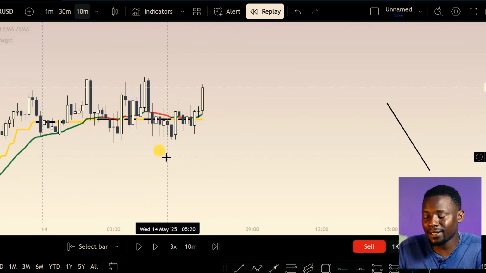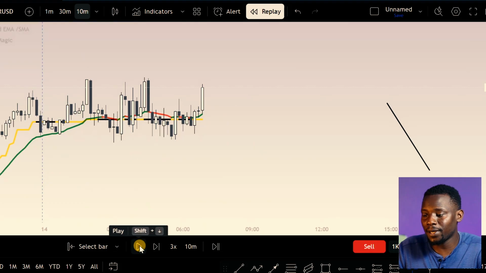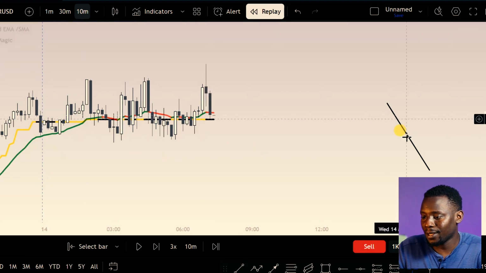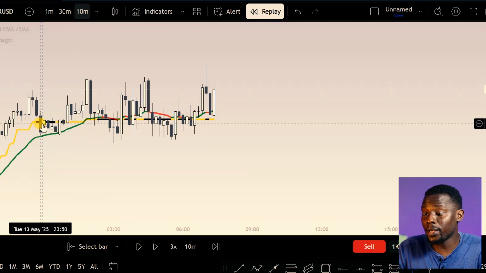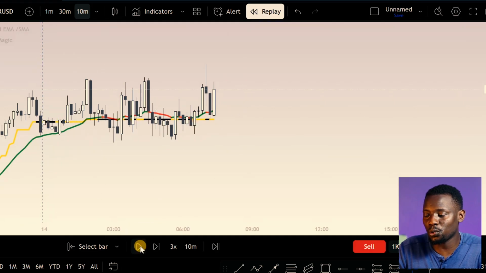If we play price at this moment, we can clearly see that we are still in this consolidation. So once price crosses this particular EMA, which is showing in green and red, this is when I would look to take action, but only trade in the direction of the trend.